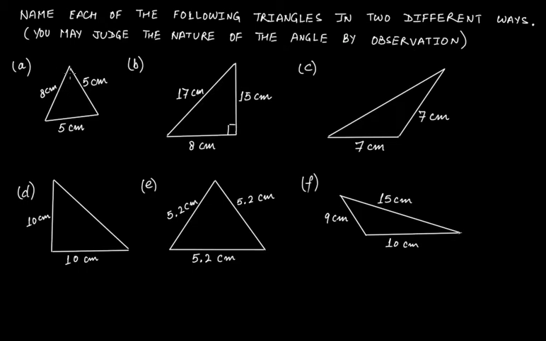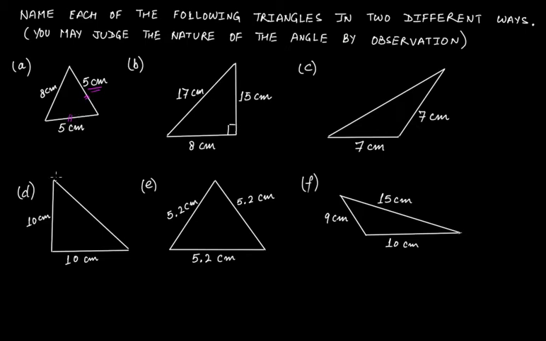So if you look at this triangle, one side is 8 centimeter, next side is 5 centimeter, and the third one is 5 centimeter. Now of course these two sides are equal, right?